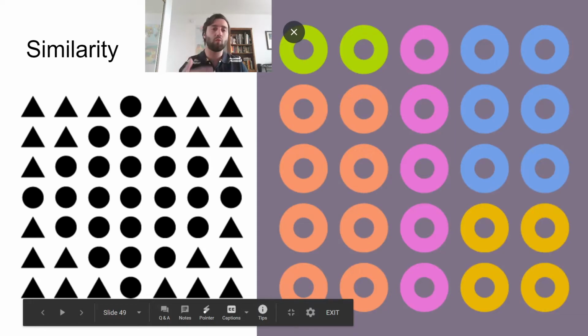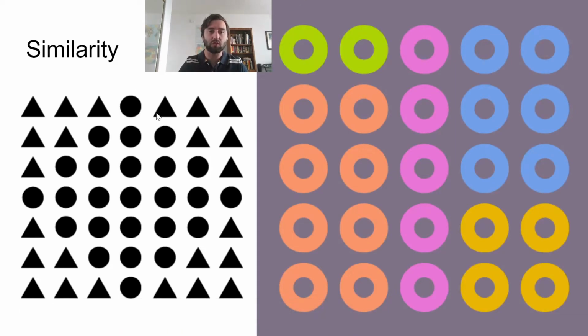Now, the question would be, why do we do that? These are all equally far apart. They're all the same color. I didn't tell you how I wanted you to group them together. I just said group them together. But what you're probably going to do, again, is based on similarity, you're going to group them by what is the most similar. So in this image, these circles are all more alike than they are to the triangles.